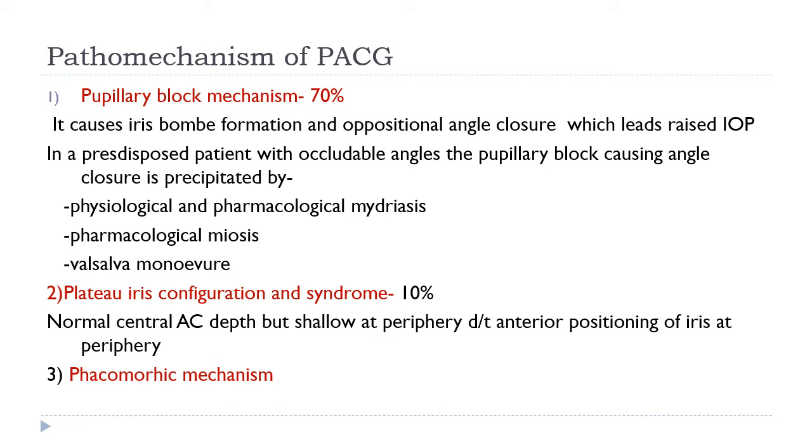The aqueous which comes from the ciliary body ideally passes through the pupillary hole, through the pupil. Whenever there is a blockage at this level, there will be accumulation of this aqueous humor in the posterior chamber. Slowly, this aqueous tries to push the peripheral iris anteriorly. That further causes the closure of the angle of the anterior chamber.